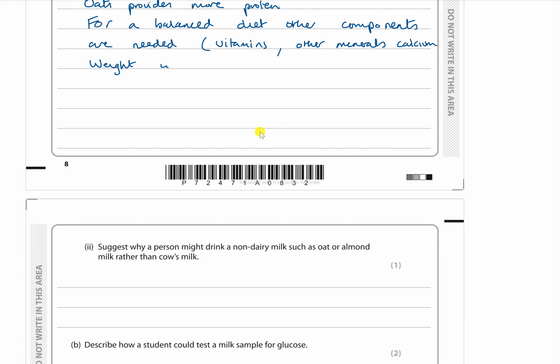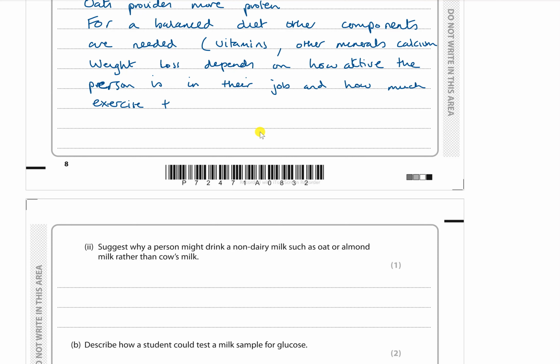And remember weight loss, and then you can finish it off. Weight loss depends on how active the person is in their job and how much exercise they do.